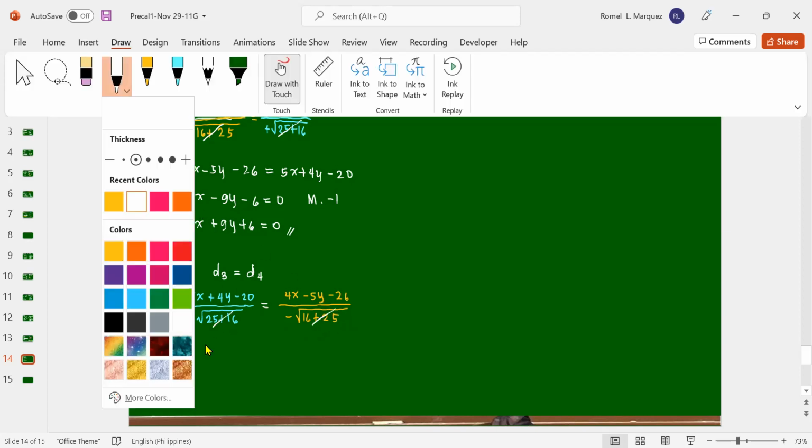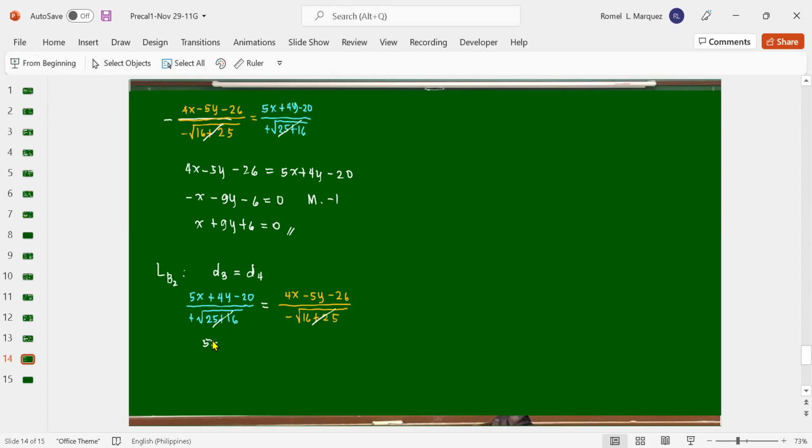Then we have the left side, 5x plus 4y minus 20. The right side is negative 4x, positive 5y, plus 26. Am I right? Okay.